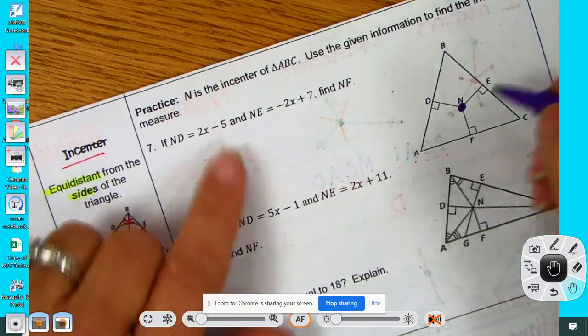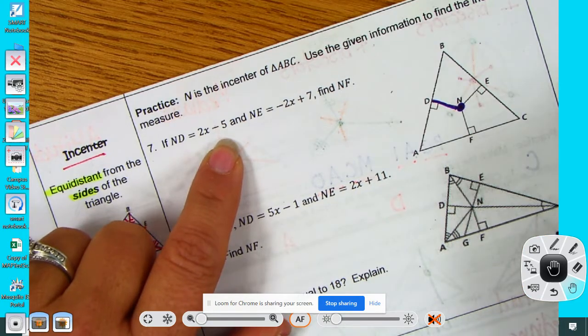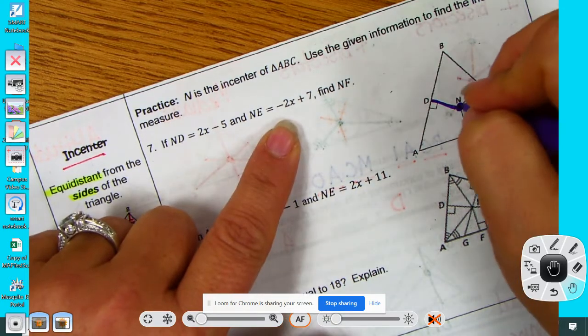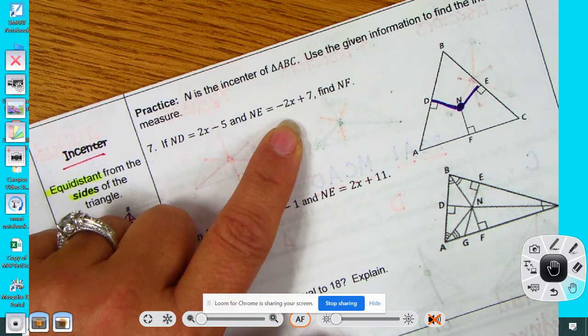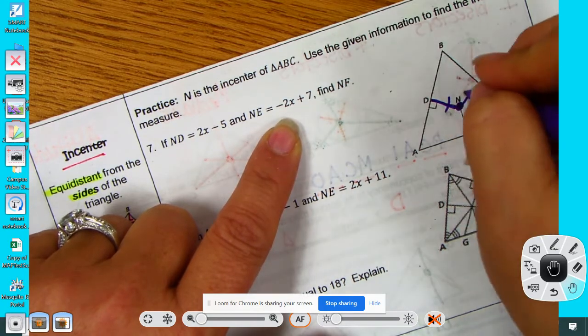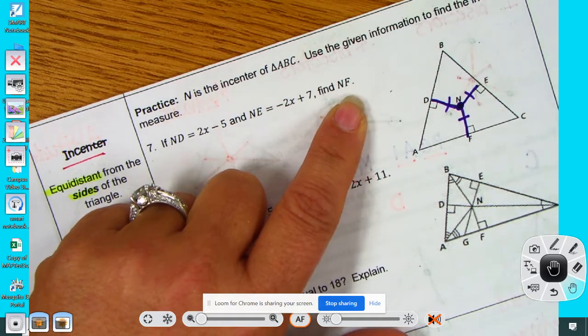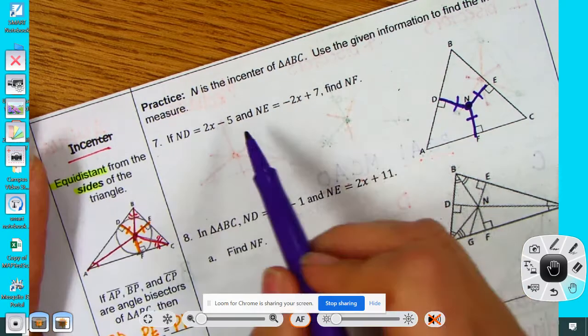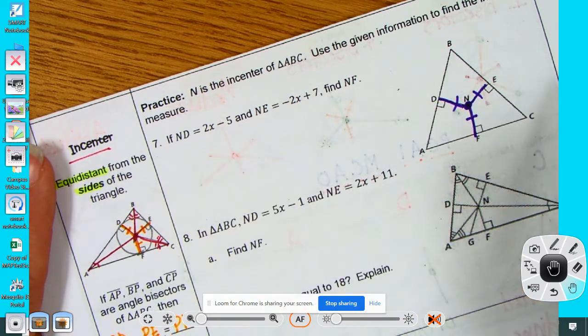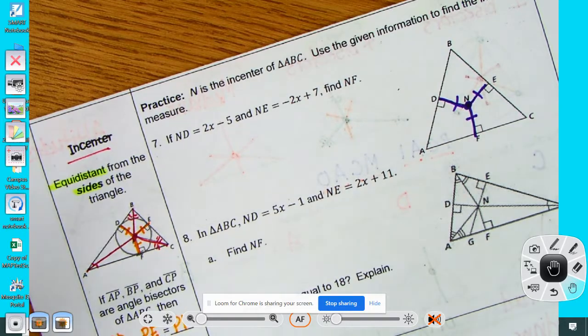If ND is 2x minus 5 and NE is negative 2x plus 7, I know these two are equal. Find NF, which is also going to be equal. So I need to find x and plug it in. And if you know one, you know all three.